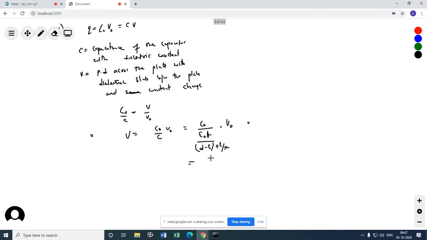So this C naught can be written as epsilon naught A by D divided by epsilon naught A by D minus T plus T by K. So this thing gets cancelled, and V naught is also there.